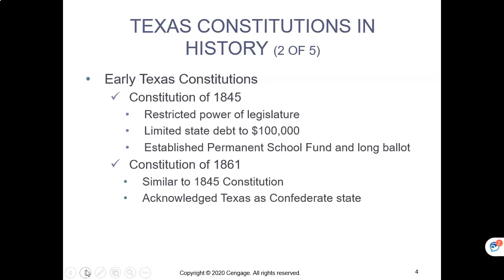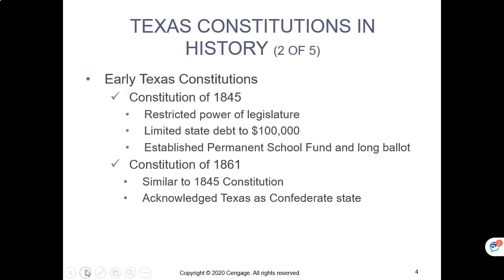So, along with South Carolina, Georgia, Alabama, Louisiana, Texas decided to secede. So they had to have a new constitution. If they were no longer part of the United States of America, they were part of the Confederate States of America. So they acknowledged that they were a Confederate state.